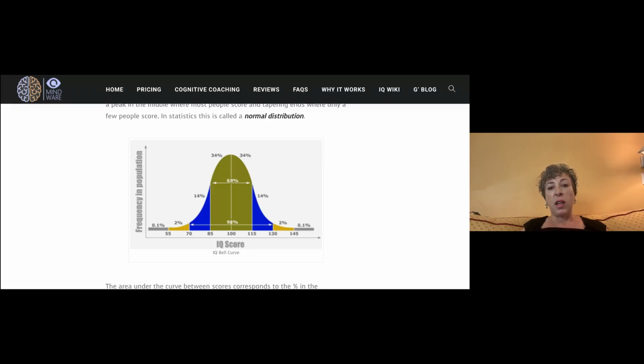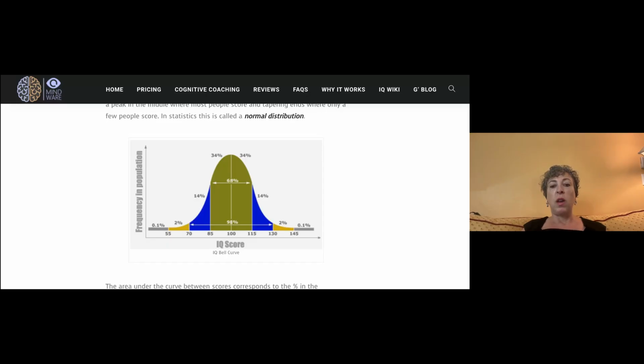That means on either side of 100, plus or minus 15, as you can see here in this chart, we've got 68% of the population that falls in this, we call this the bell curve. 68% of the population falls within one standard deviation from the mean.